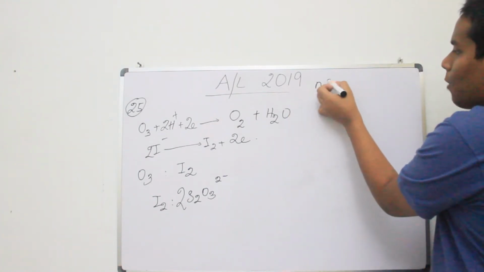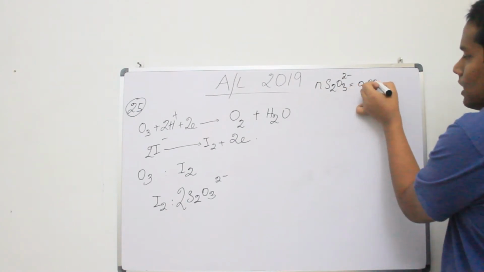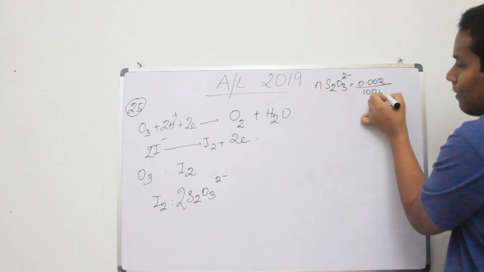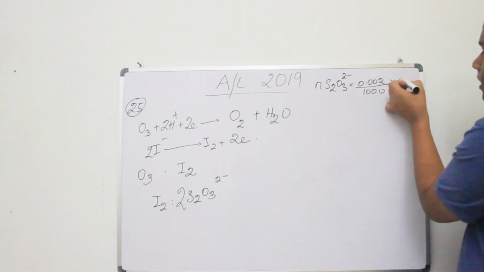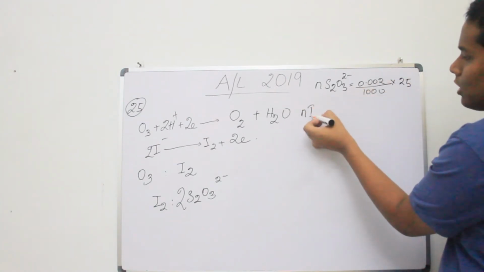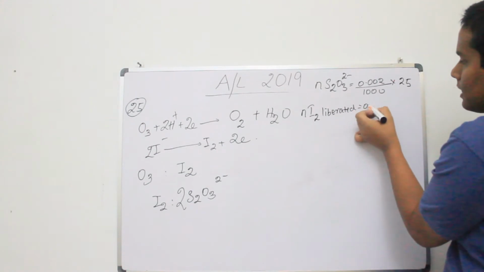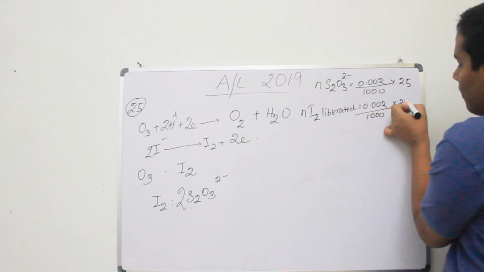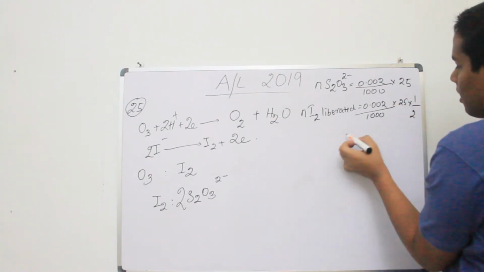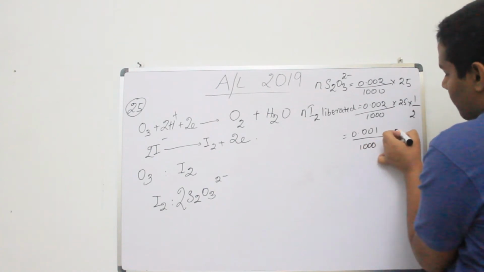So number of moles of S2O3 2 minus utilized: 0.002 is there in 1000, how much is there in 25? So number of moles of I2 liberated, if this is there in 2, how much is there in 1? 0.001 over 1000 into 25.